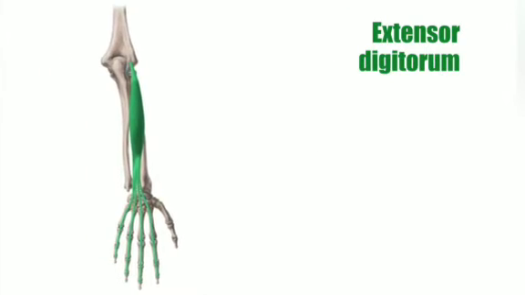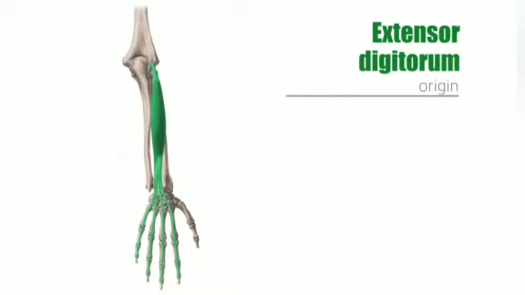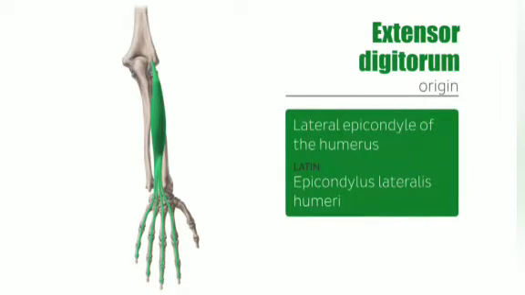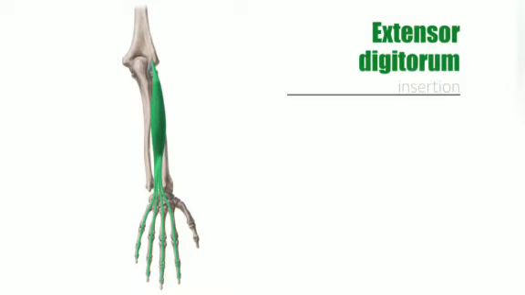Now let's talk about the origin of the extensor digitorum. As I mentioned on the previous slide, the origin point is right on the lateral epicondyle of the humerus. In terms of insertion, now it gets a bit more interesting.